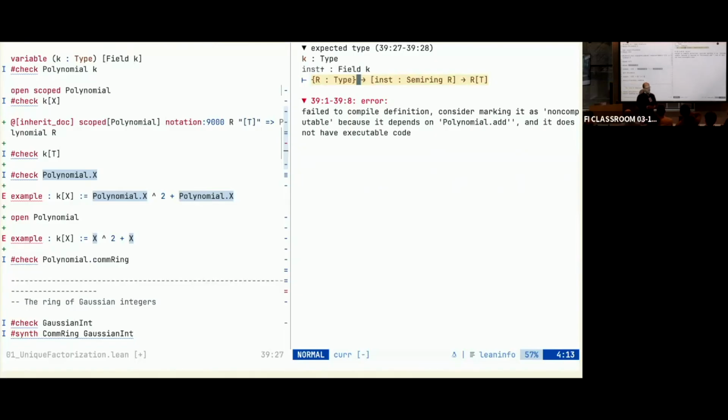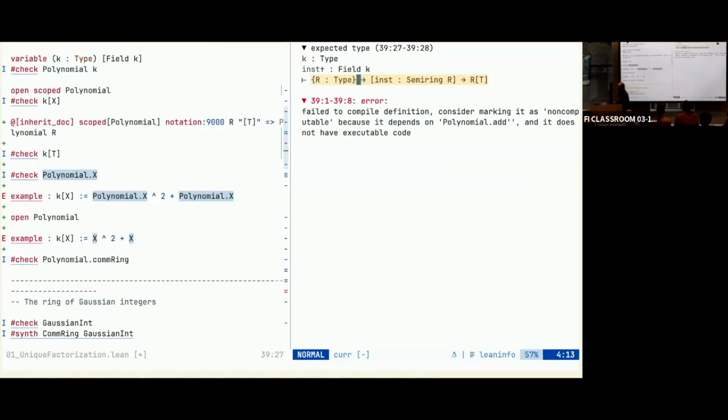It will be painful. And of course, sometimes it's difficult to understand. This morning we have seen how Lean can understand that epsilon has to be a real number after some work. Sometimes you write down a polynomial and it's not clear what the field of coefficients will be, and then Lean will complain.